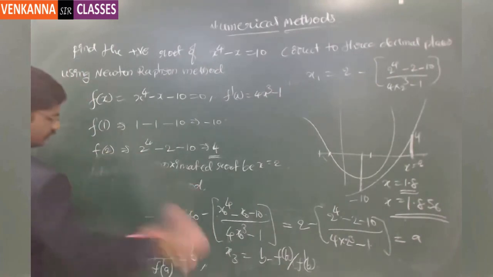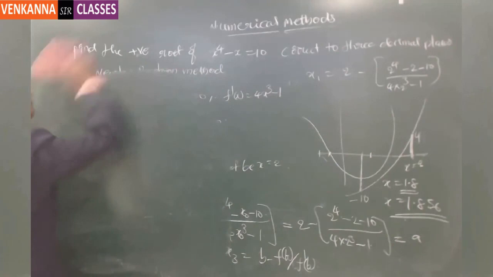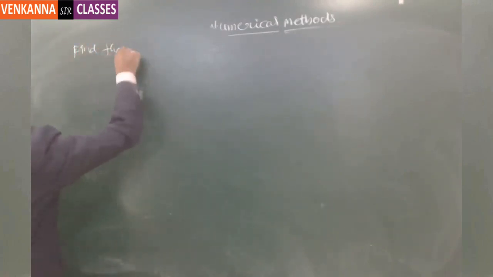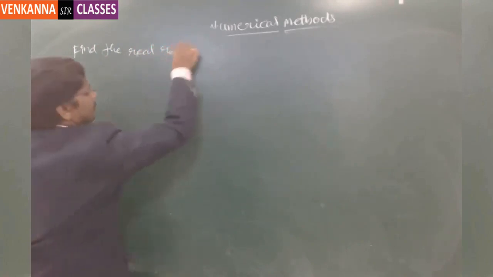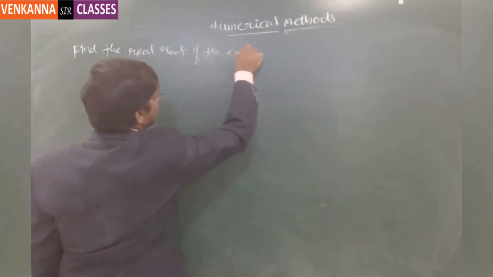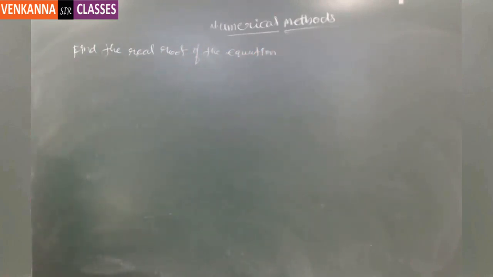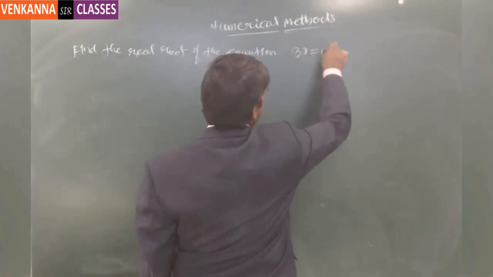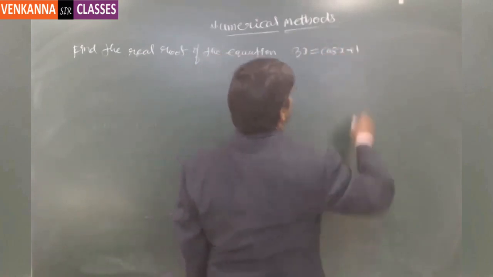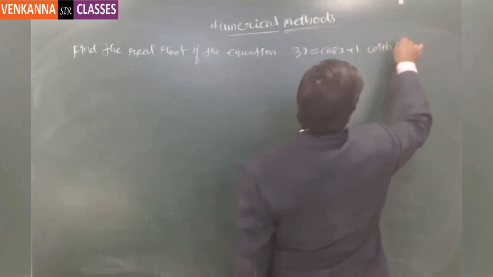So you can try your own. I'll give one more. Using Newton's method, find the real root of the equation x is equal to cos x plus 1 with the NR method.